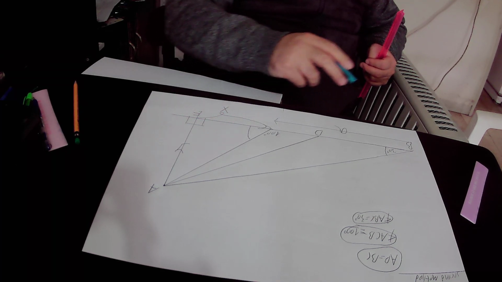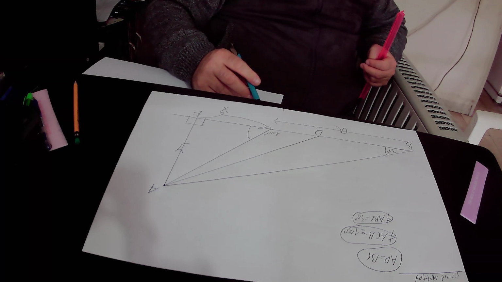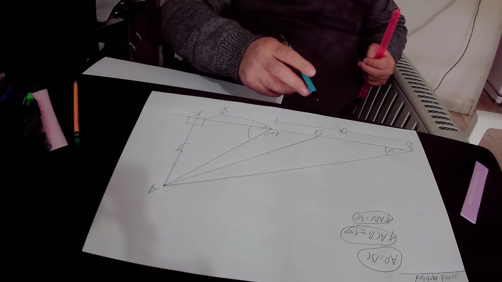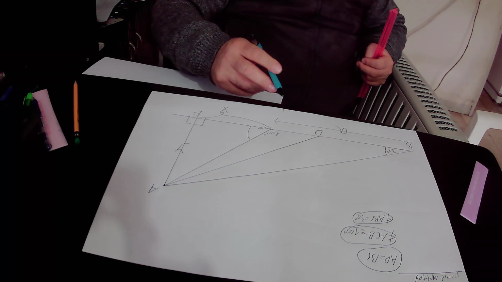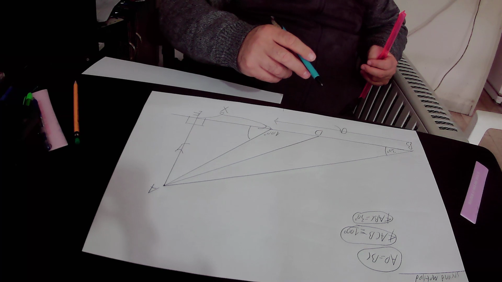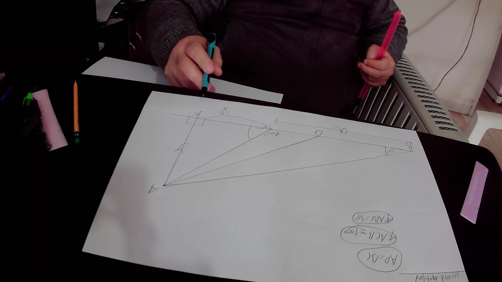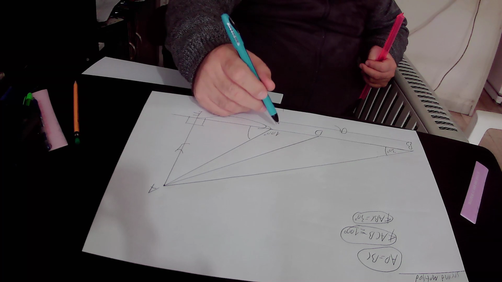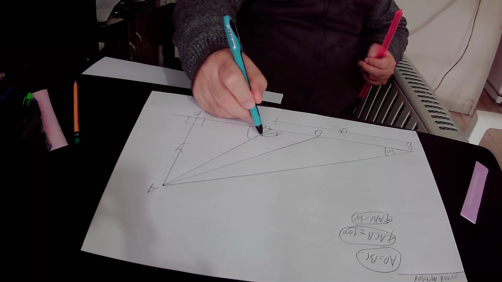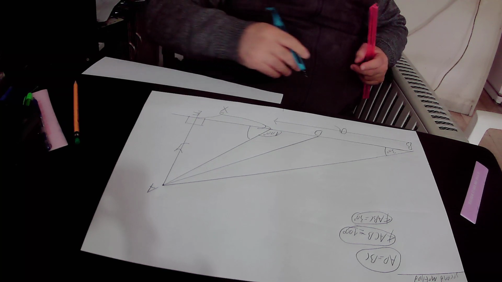first of all, BC is a straight line because it is one side of triangle ABC. And we extended the straight line BC, so BE will be a straight line also. And we know that the sum of the angles on one side of a straight line is equal to 180 degrees.